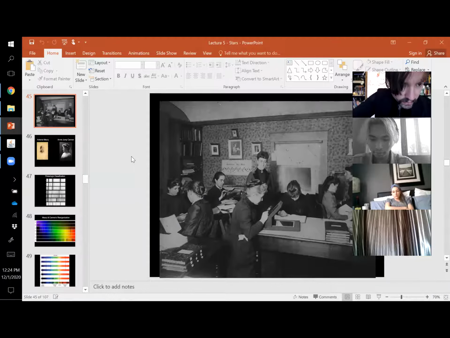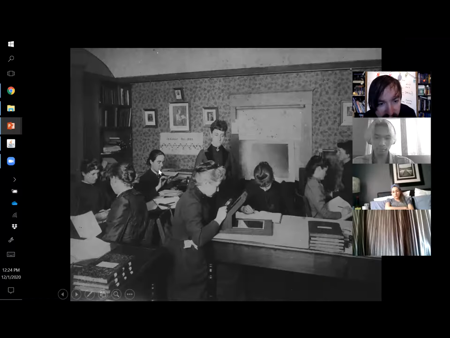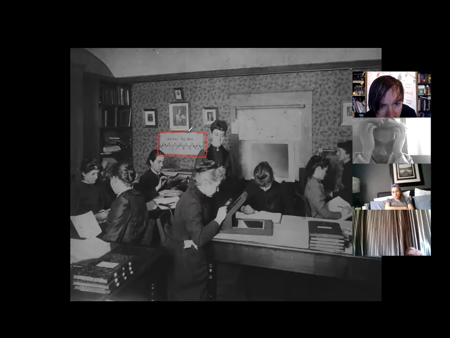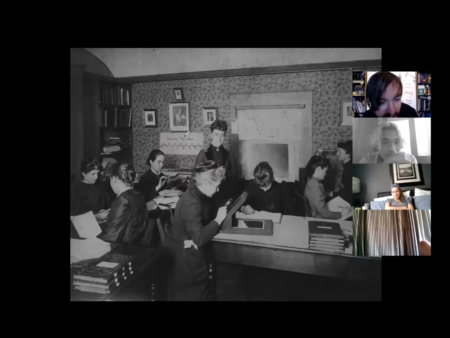I'm not exactly sure which one Henrietta Swan Leavitt is because I'm not always the best at picking out faces. It might be her there. But can you guys see there? She's cataloging Beta Aurigae in 1889, and you can see the period of pulsation. So there's that. I bet this graph is still in the Harvard College Observatory library somewhere. It would be cool to put your fingers on that document.